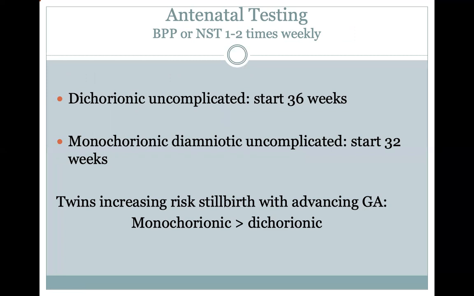We start ours at 36 weeks in uncomplicated patients. Mo-di twins, we start at 32 weeks because of the increased risk of stillbirth in comparison to dichorionic twins. And as you advance gestational age, there is an increasing risk of stillbirth in both types of twins, but really leaning toward a higher rate in the monochorionic twins.